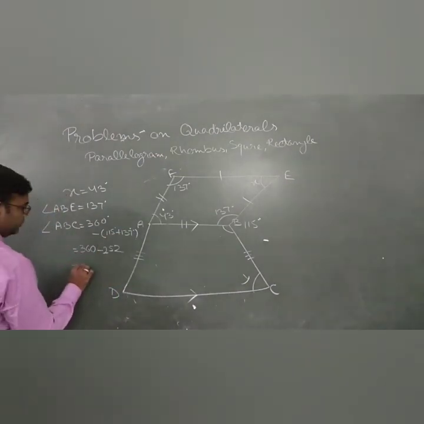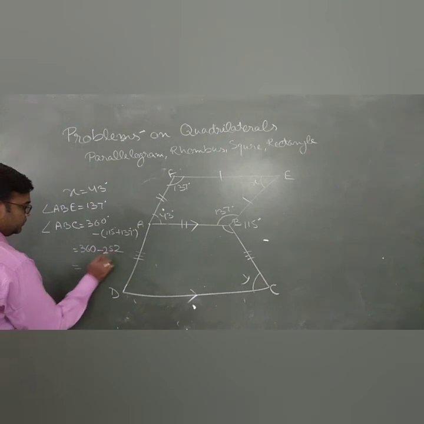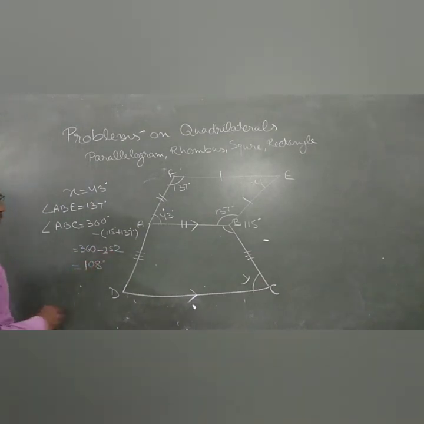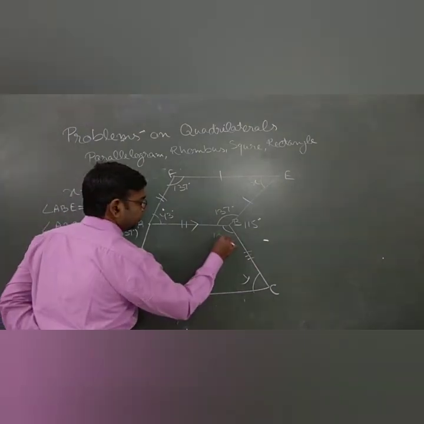So what is the value of angle ABC? 108 degrees. So the value of this one is your 108 degrees.